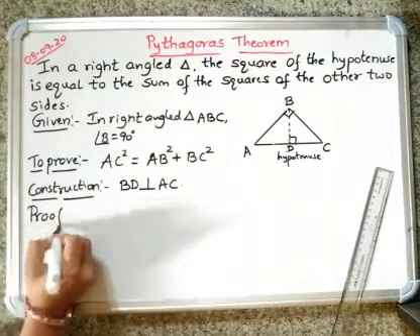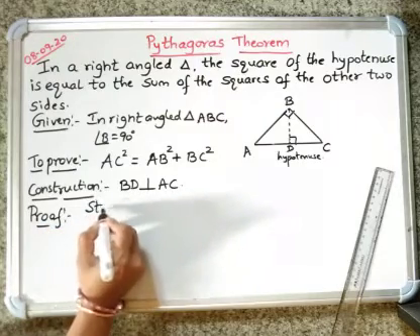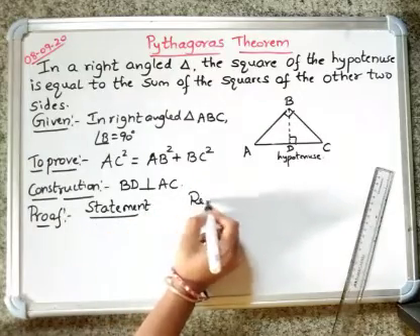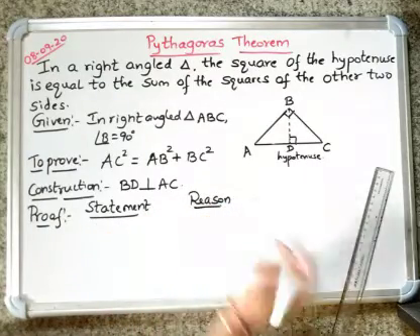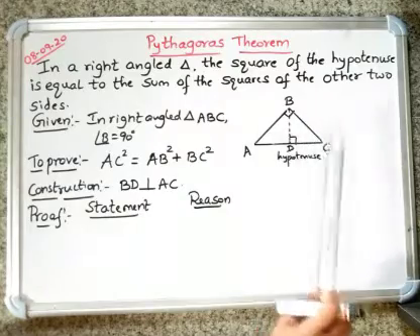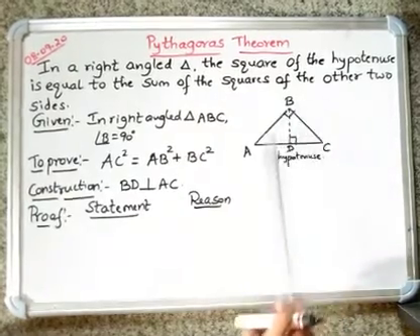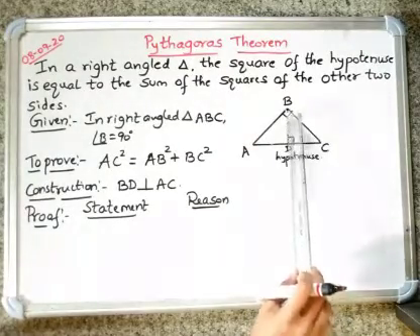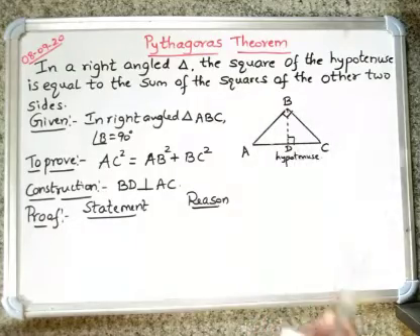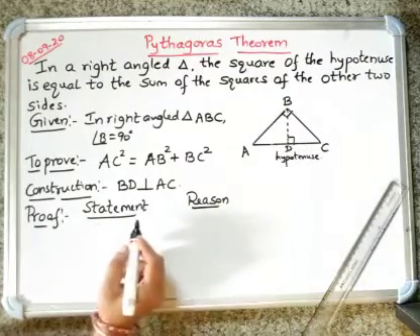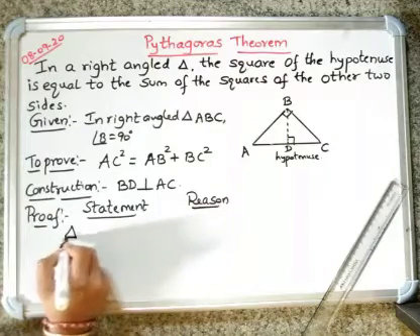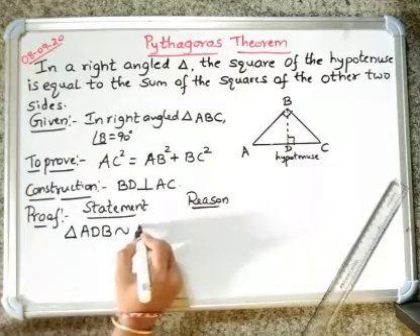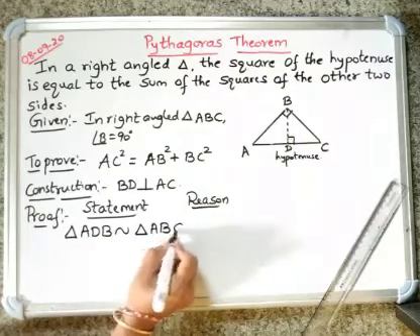Next step is proof, right? Statement and reason. Now we can see many triangles over here after the construction, and all the triangles are right angle triangles, right? So ADB and ABC triangles, if you compare, both are right angled. So triangle ADB is similar to triangle ABC.